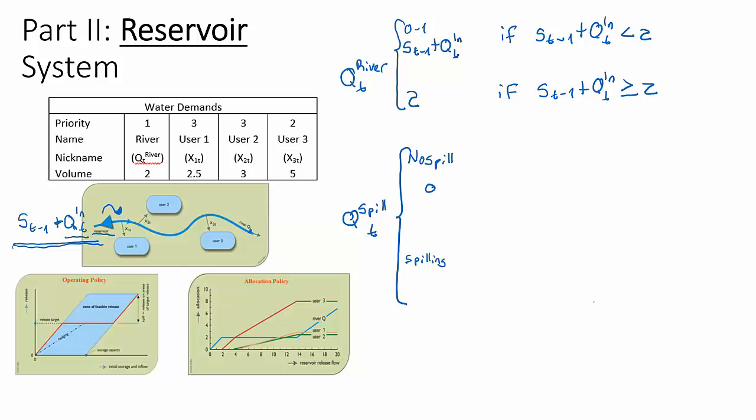When it will not spill, that will happen if the available water, ST minus 1 plus Q in, is less or equal than the storage capacity, which in this case is K, plus the water for the river, these 2 units, plus the sum of the human water users' demands.